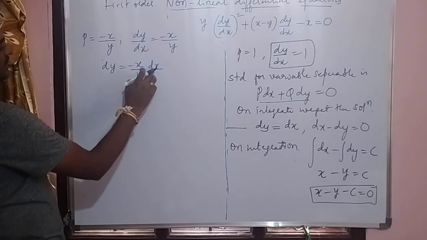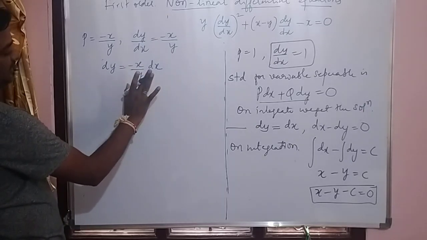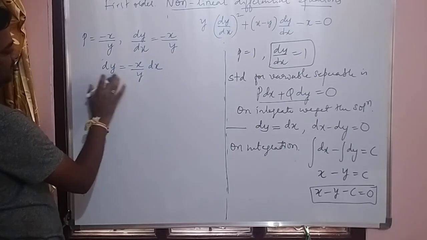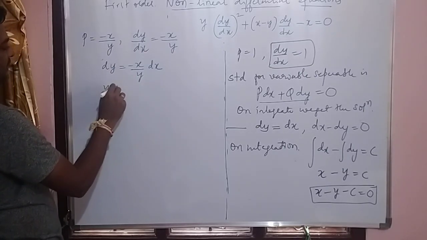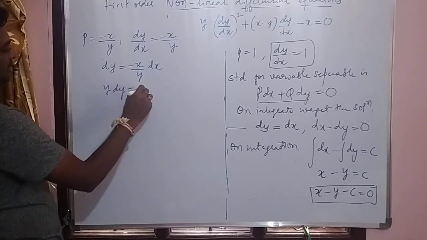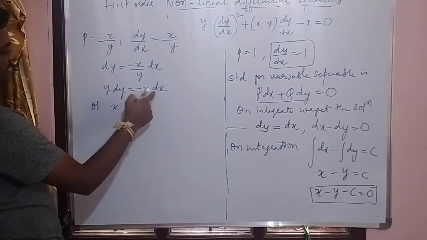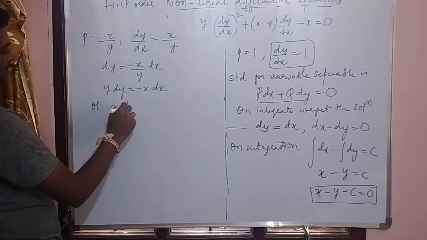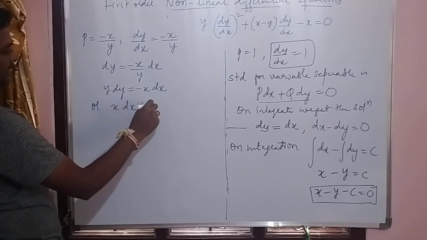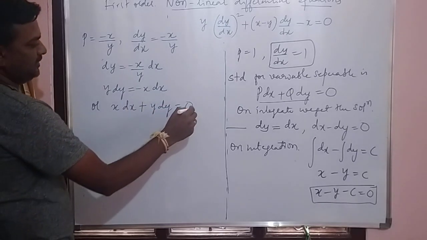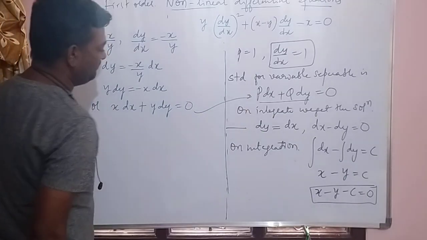Remember, the coefficient of dx should be a function of x only. For that, here 1 by y is not needed, you can cross multiply y. This is y dy is equal to minus x dx, or bring minus x dx to the left side: x dx plus y dy is equal to 0. Now this is in variable separable standard form.